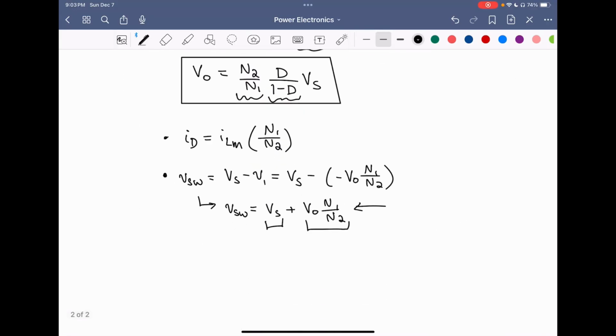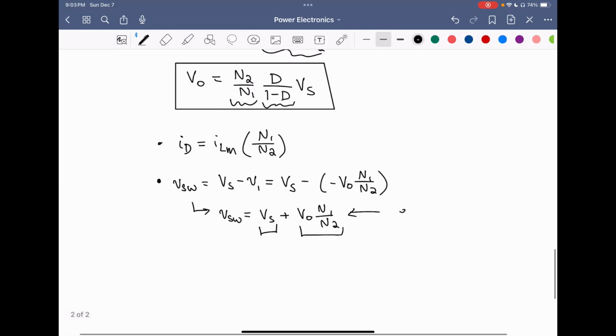For example, if the turns ratio N1 over N2 was just equal to 1, and the output voltage Vout is equal to the source voltage Vs, then the switch voltage would be equal to 2 times the source voltage.